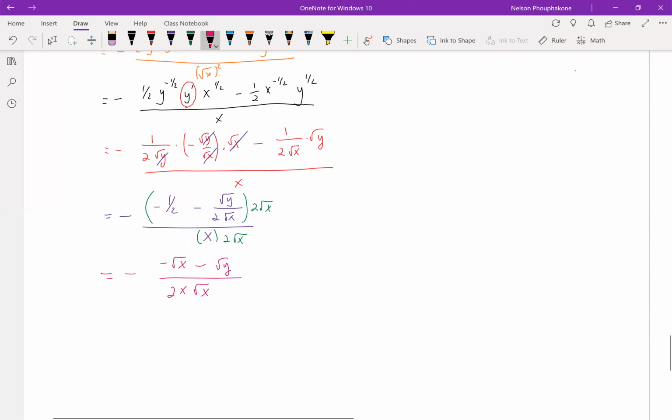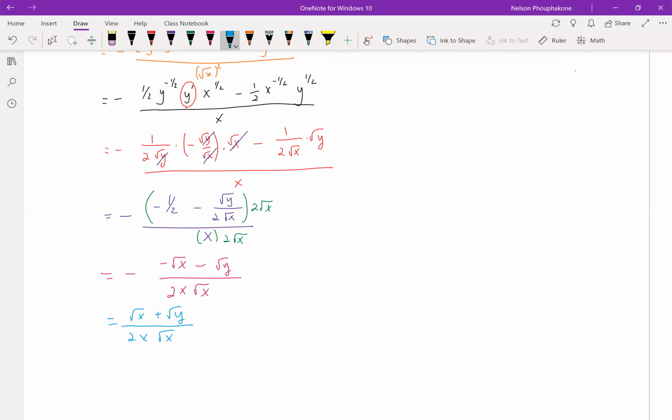And then I would like to multiply this negative, so I will have square root of x plus square root of y over 2x square root of x.